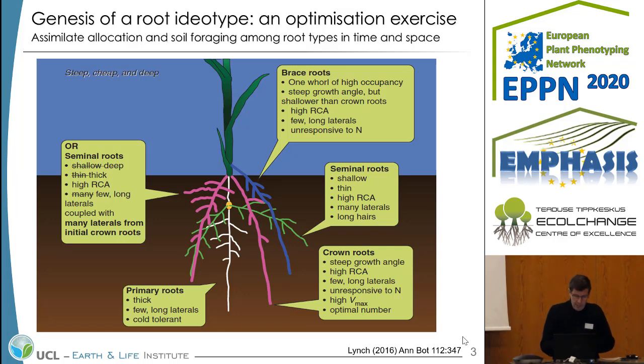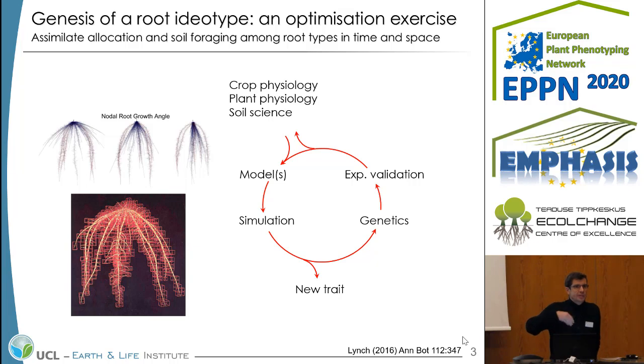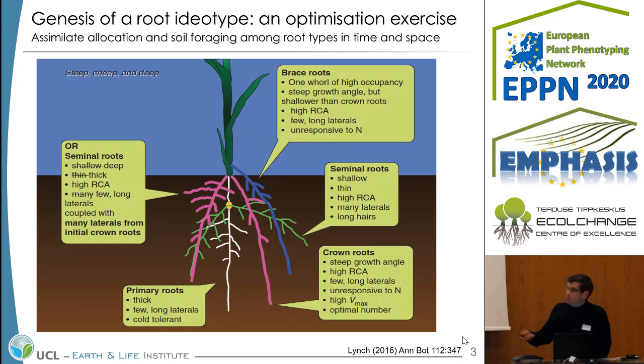And so what I would like to discuss is going back to the loop and trying to go further than this ideotype, which is basically essentially centered around root architecture and geometry.